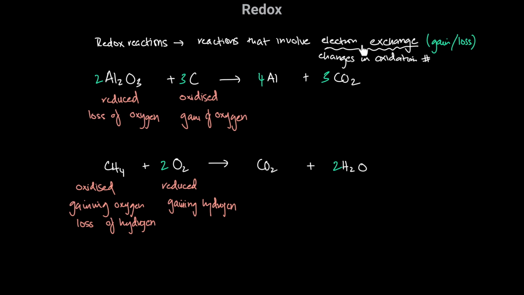So this is what we're going to be looking at in detail: electron exchange and changes in oxidation number. Another thing to observe is that reduction and oxidation always occur simultaneously.